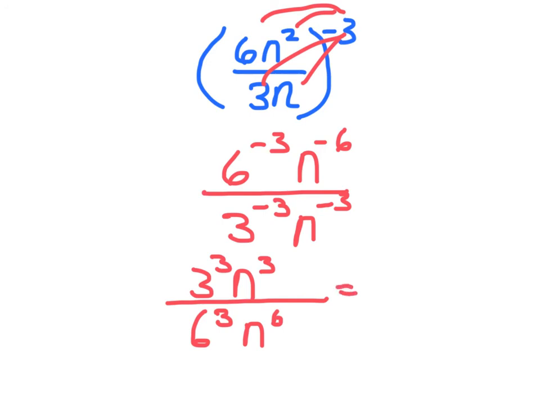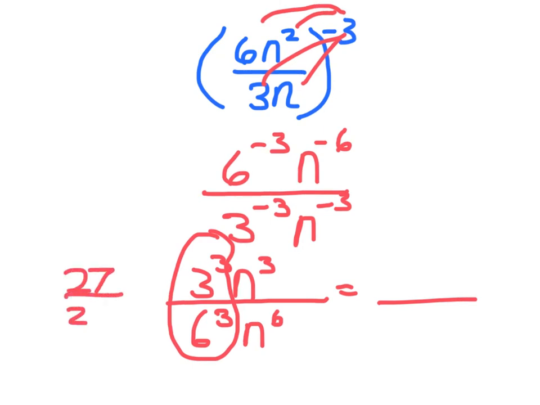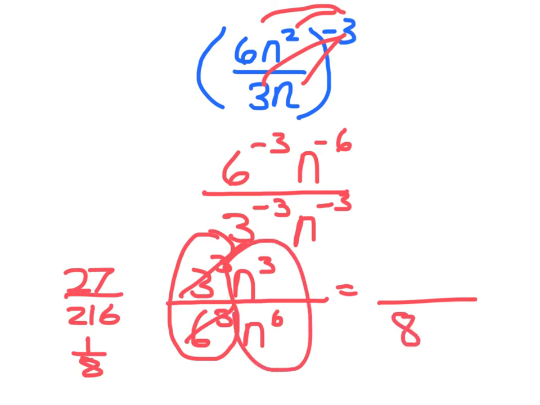Okay, so simplifying that, we have 3 to the 3rd over 6 to the 3rd, so that would be 27 over 216, which reduces to 1/8. So the coefficients just become an 8 on the bottom. For the n's, we have 3 n's on top, 6 n's on bottom, so the bottom wins, and it wins by 3. So we have n to the 3rd on bottom, so just a 1 placeholder on top.